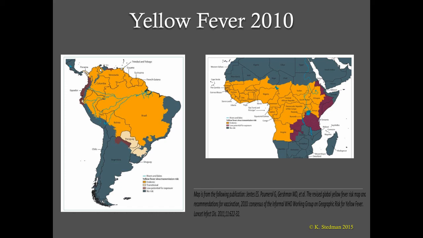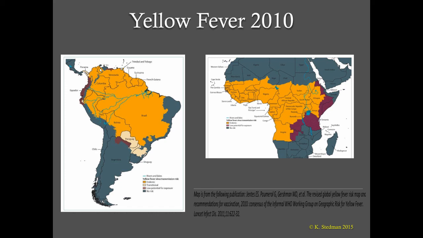This is actually currently a problem because there is under-vaccination throughout a lot of the yellow fever endemic areas of South America and Africa. This is showing the presence of yellow fever in 2010. I was recently at a meeting discussing, largely about dengue virus, but also including other viruses like yellow fever.